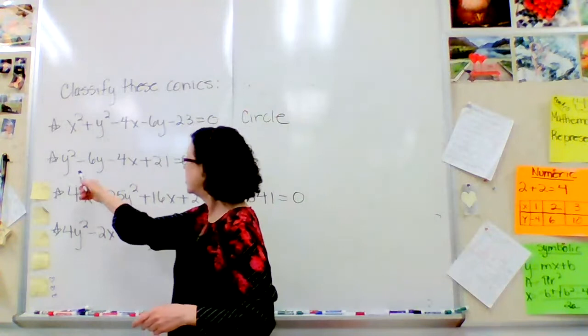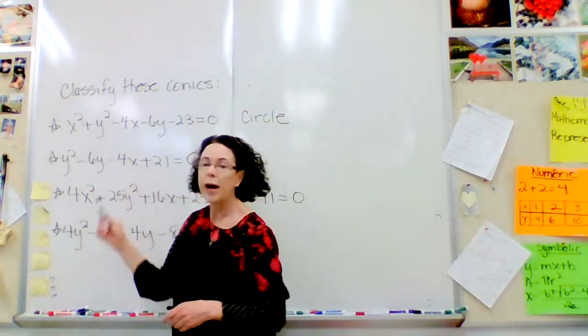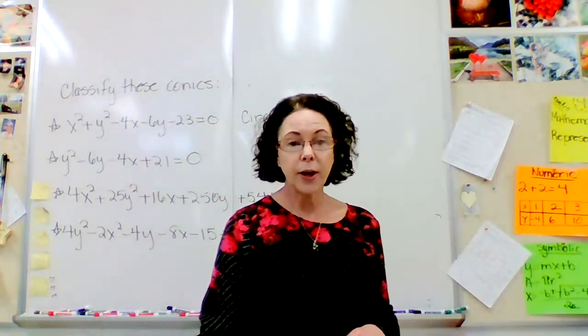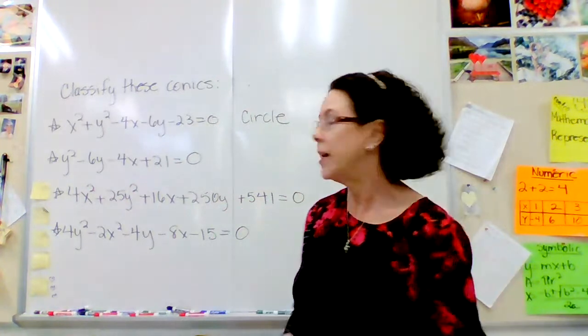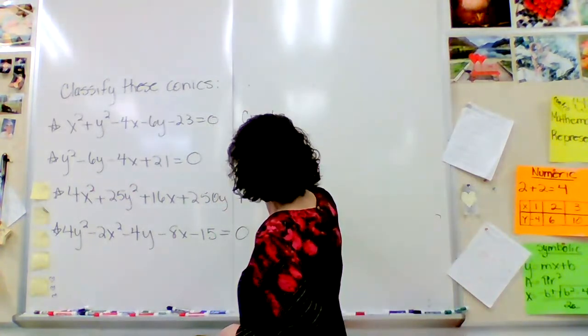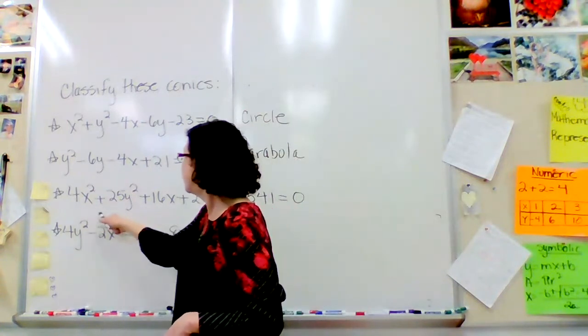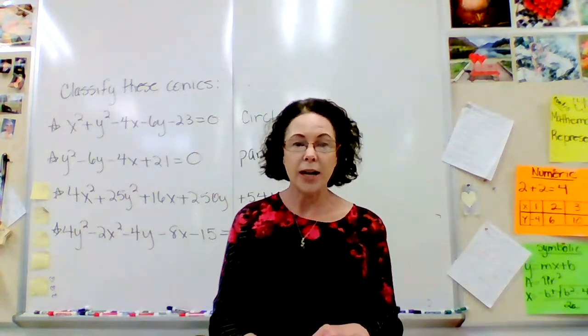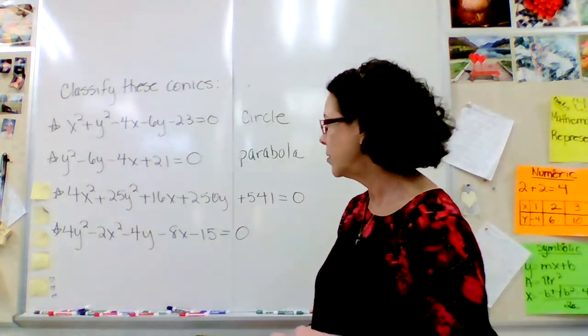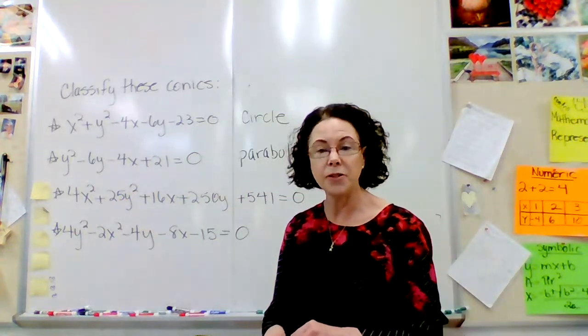Next, notice in this conic section, we have a y squared, but no x squared. That happens with any parabola. Next, 4x squared plus 25y squared. This is not a parabola because the x and the y are being squared.